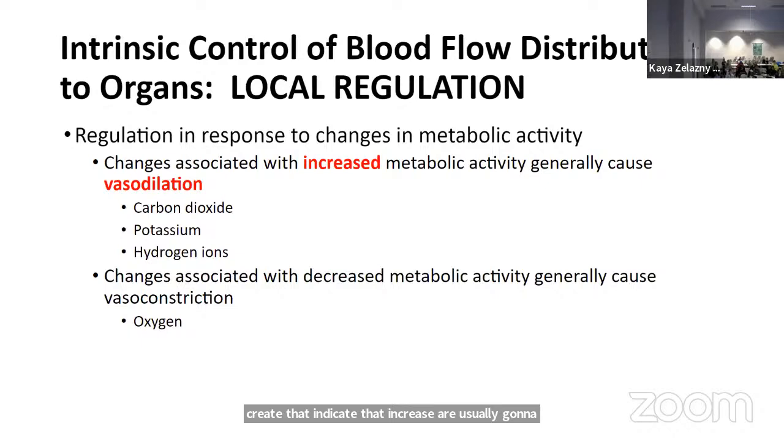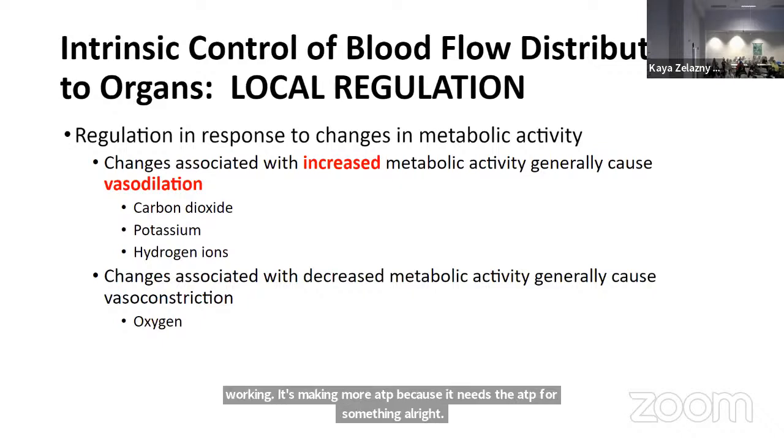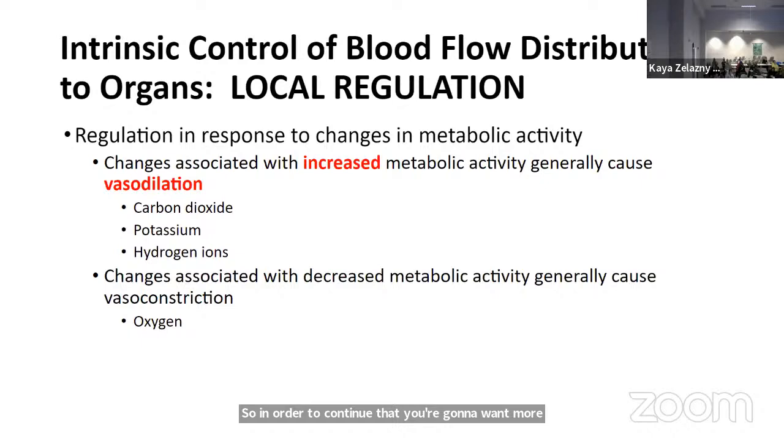Because if you think about a tissue that's really metabolically active, that means it's working. It's making more ATP because it needs the ATP for something, right? So in order to continue that, you're going to want more blood flow so that you have more oxygen, so you can keep up that high rate of metabolic activity.